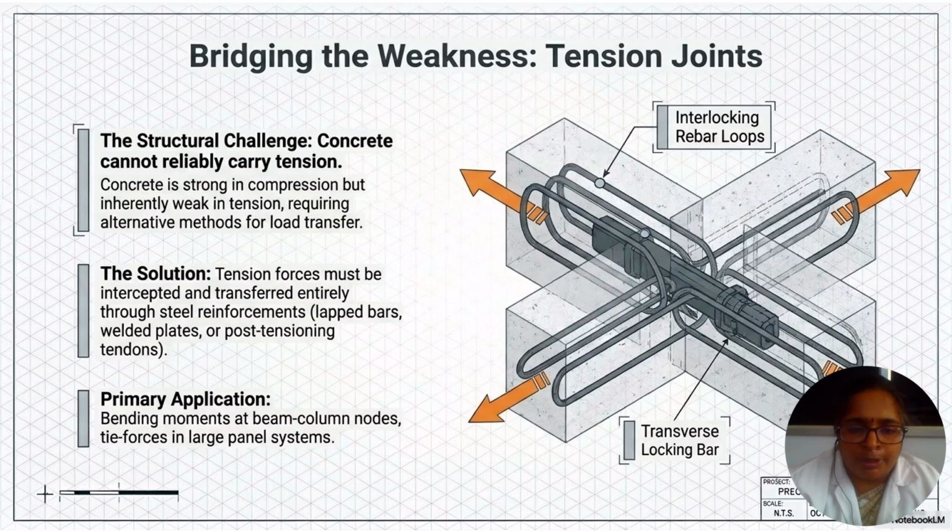The primary application of this type of tension joint is bending moments at beam column nodes and tie forces in large panel systems. The figure shows the transverse locking bar and interlocking rebar loops, which gives you the schematic representation of the tension joint.